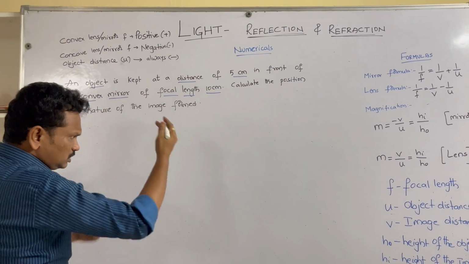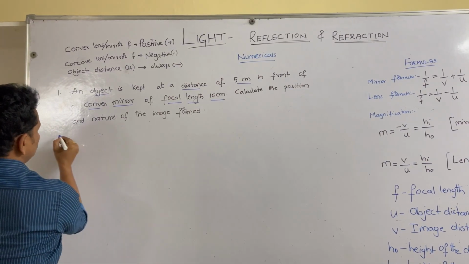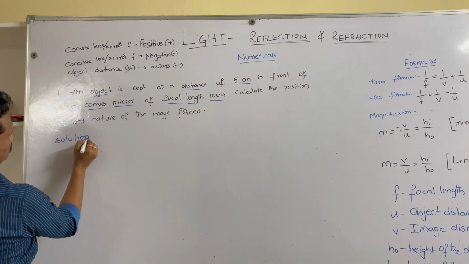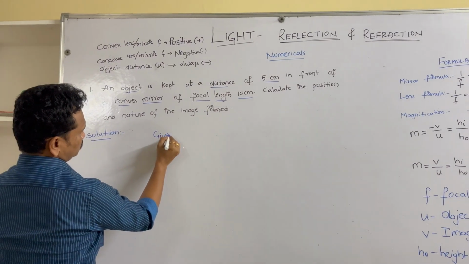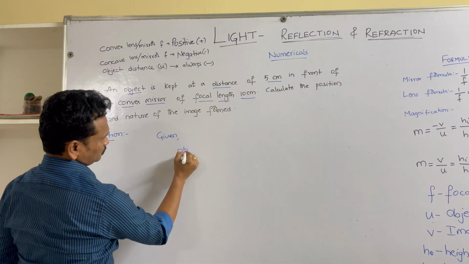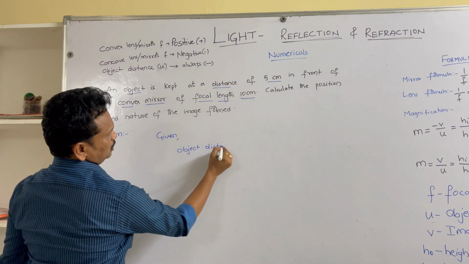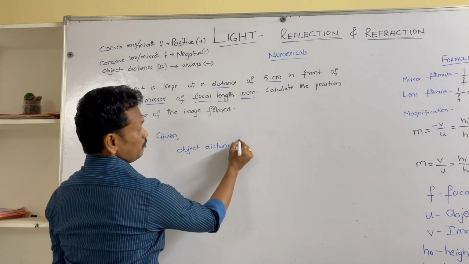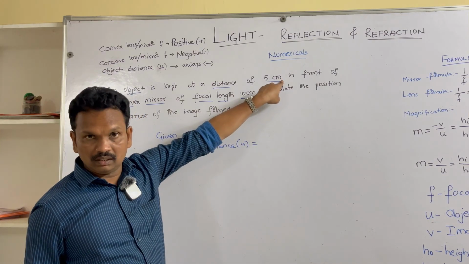Now write all these in detail. Solution. Given: object distance, represented by u, is equal to 5 centimeters.